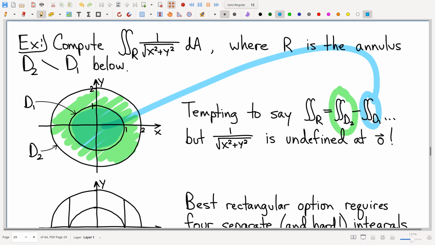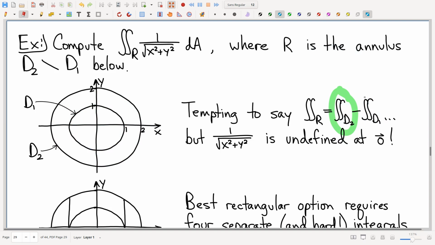Clever move. You compute the green integral, which is easy, and the blue integral, which is easy, and life is good. And this is nonsense. It's nonsense because your integrand is undefined at the origin.